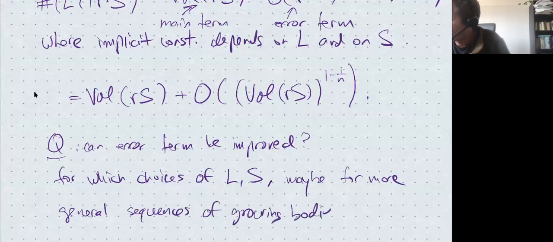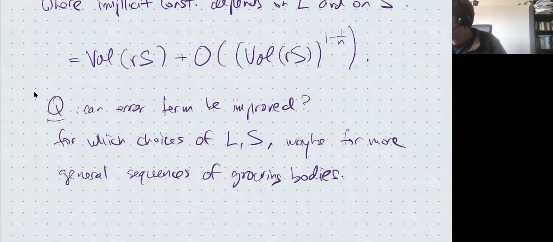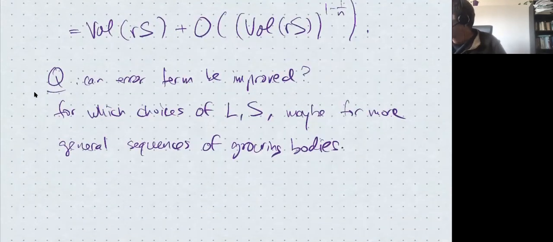Right here, the asymptotic we're taking is when we take a fixed body, say a ball, and we are increasing the radius of the ball by multiplying by a dilation. You might care about other sequences of bodies which grow at a certain rate, not necessarily one body which is being uniformly inflated, but some other way of getting bigger and bigger sets. So this is sort of a general question.